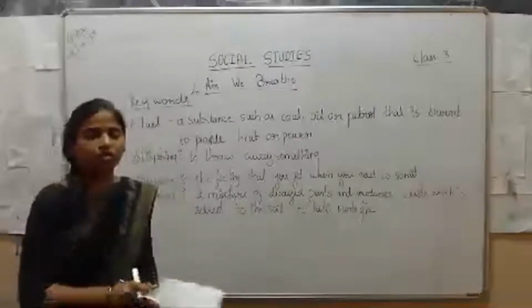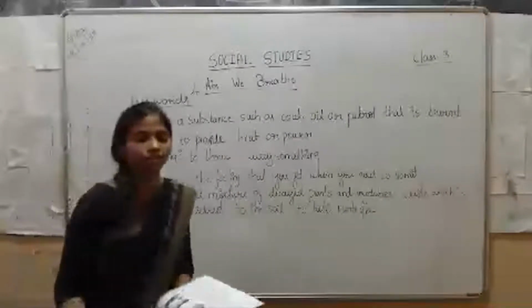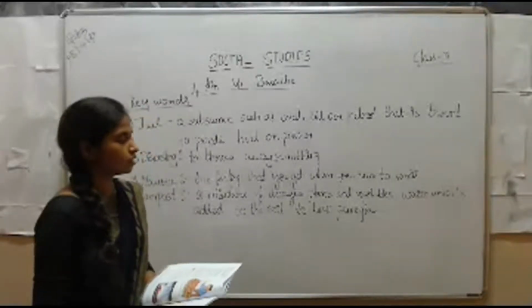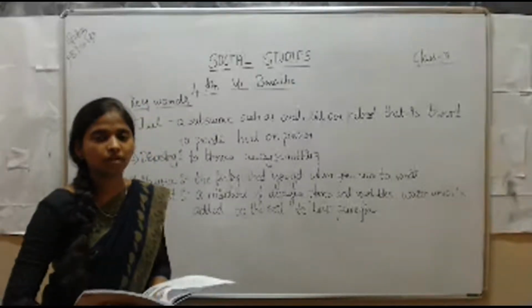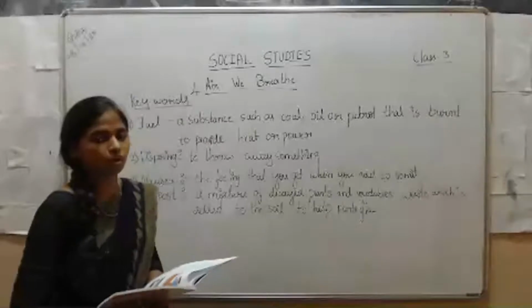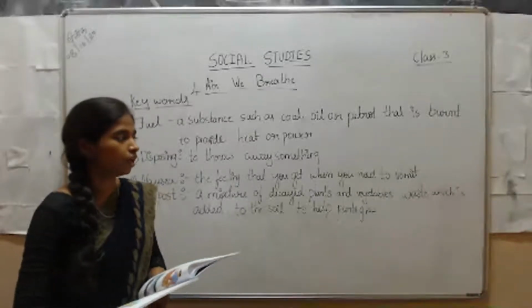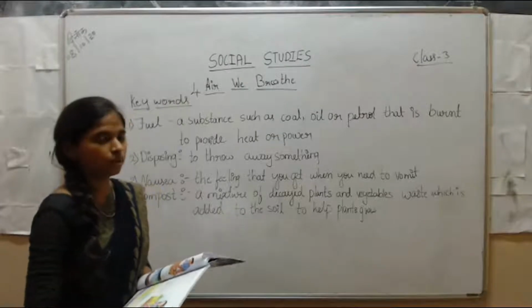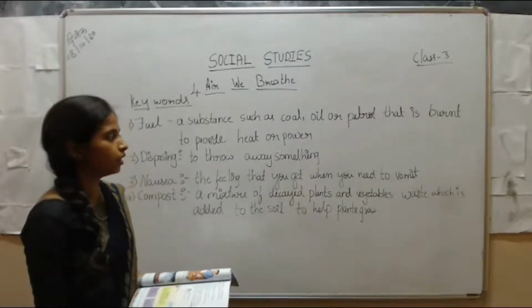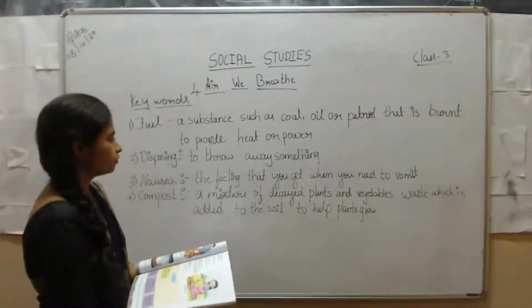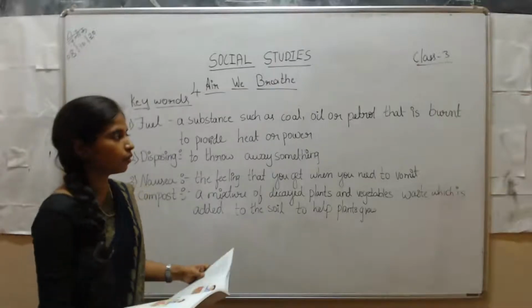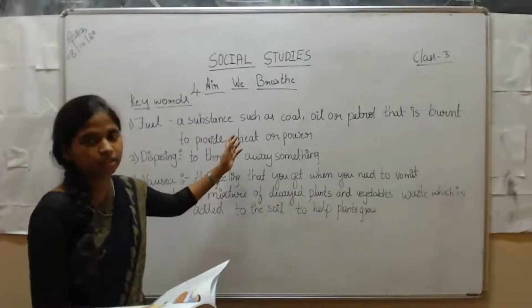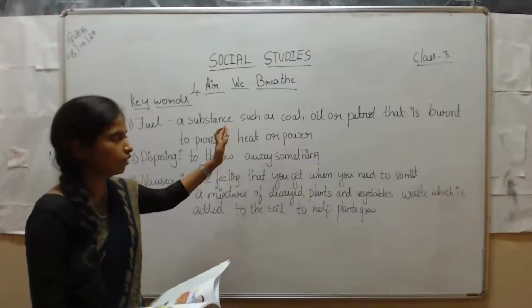They use fuel such as diesel and petrol. Sometimes in some other vehicles they use coal. Whatever the fuel may be, it is used for power. It will be burnt and used for power. It provides power by heating the substance. So that is known as fuel.